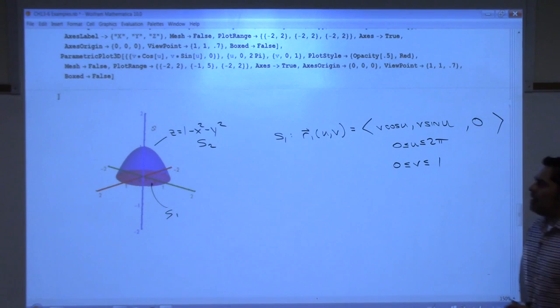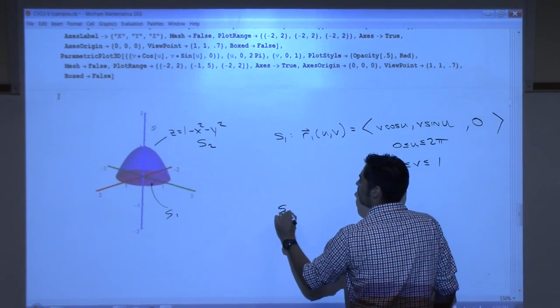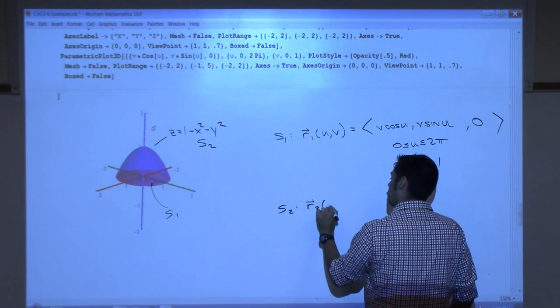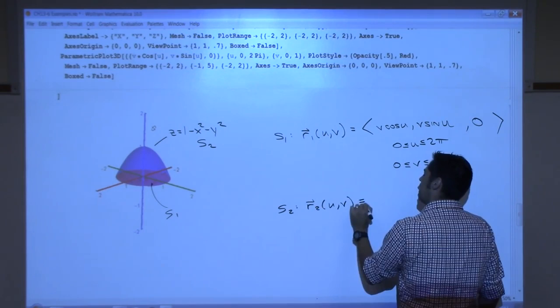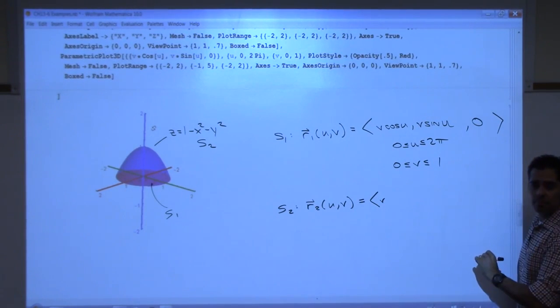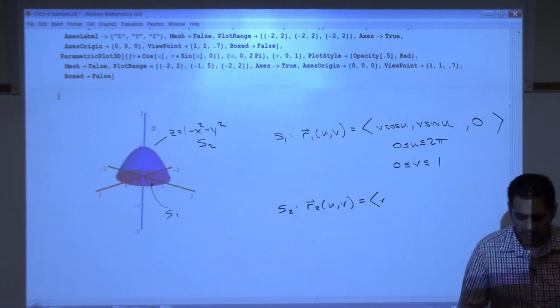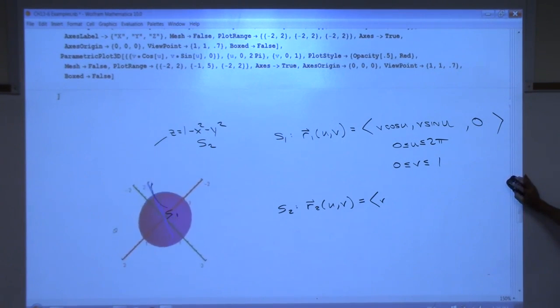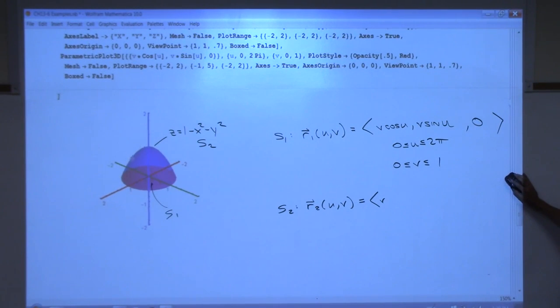All right, what about S2? What's the main difference between S2 and S1? The z's not fixed anymore, right? Everything else is the same, other than the z. If I look at that from the top, I can't tell the difference between those two, right? It's just the z coming out at me that's different.